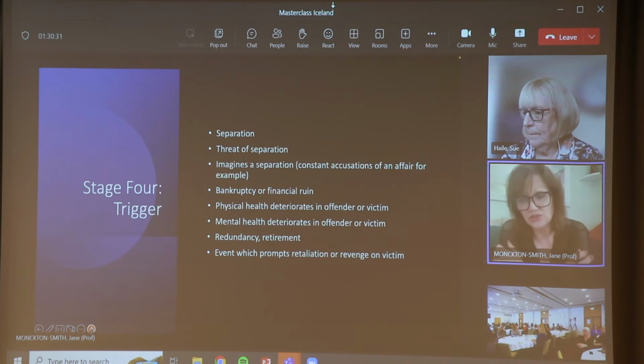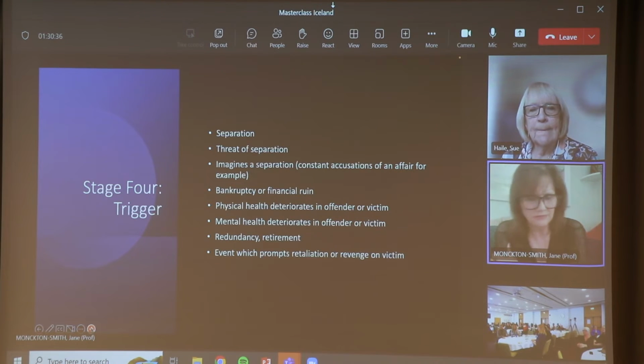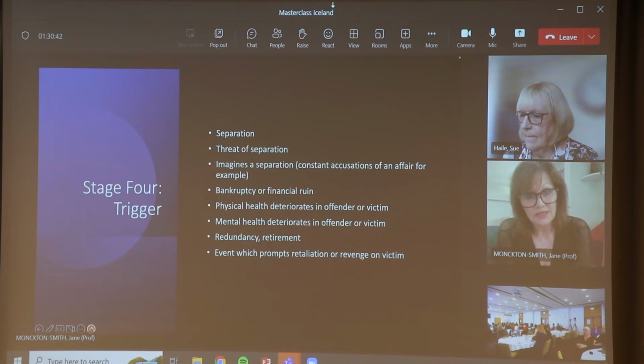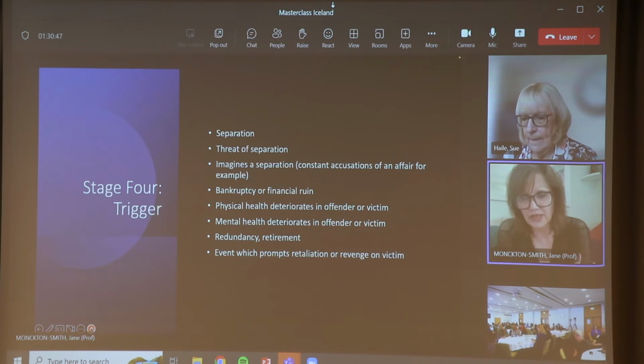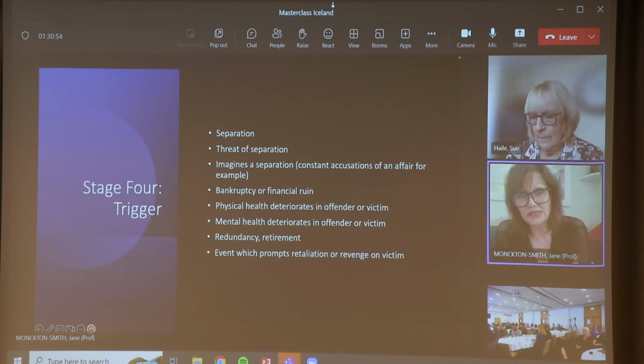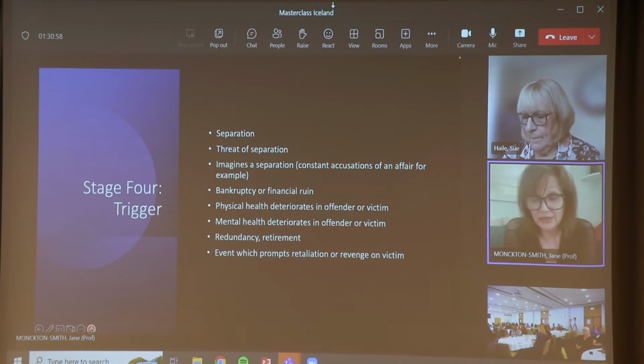So I'll just very quickly talk about sex and gender here. So with intimate partner homicide, predominantly, the victims will be female and the perpetrators will be male. However, we also found that men in relationships with other men are at higher risk than men in relationships with women.